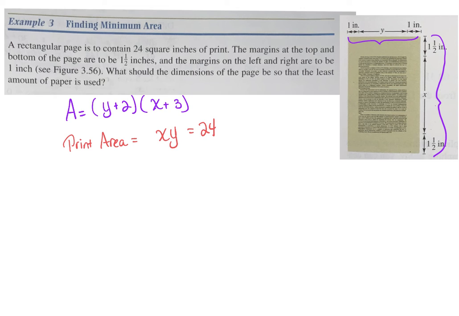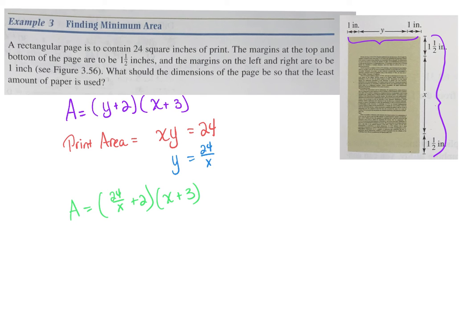They're both going to be a fraction because I'm going to divide 24 by either x or y. In your book, they solve for y, which is fine. So if I solve for y here, I get y equals 24 over x. All right? And so I'm going to take that and plug it into my equation. And instead of y, I'm going to write 24 over x, plus 2, and x plus 3.